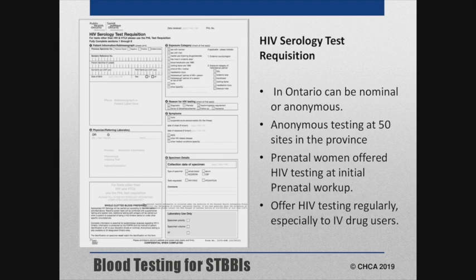We also want to offer HIV testing to anybody that is an IV drug user or has any high-risk behaviors which may expose them to blood-to-blood contact. For more information on those high-risk exposures, you can find that in the top right part of the HIV serology test requisition.